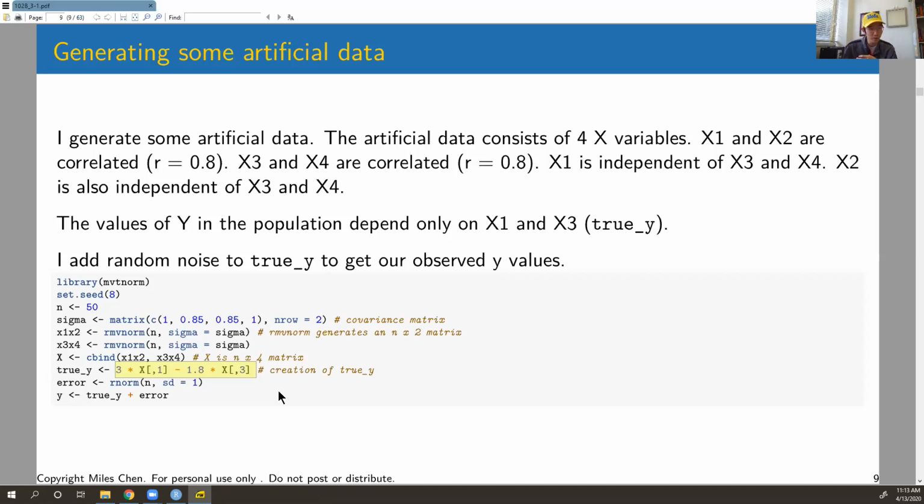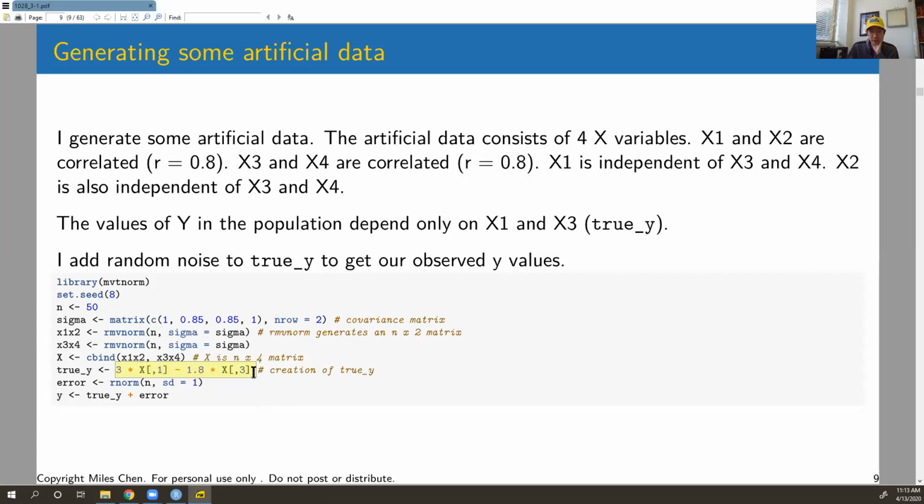And so this could be a situation that could give ordinary least squares a little bit of trouble, right? When you have correlated predictors, sometimes the standard errors on your coefficient terms get large.